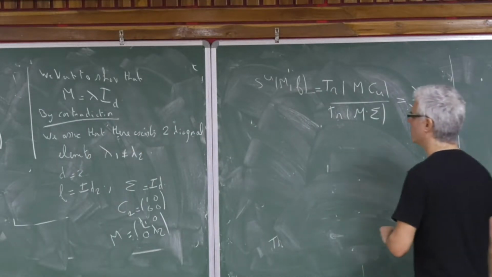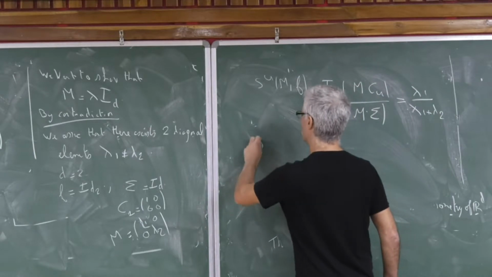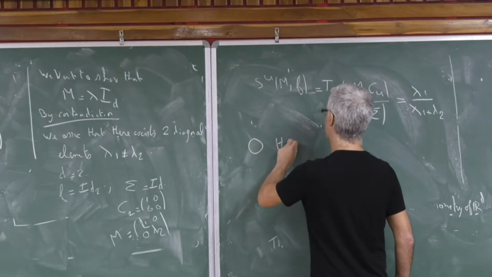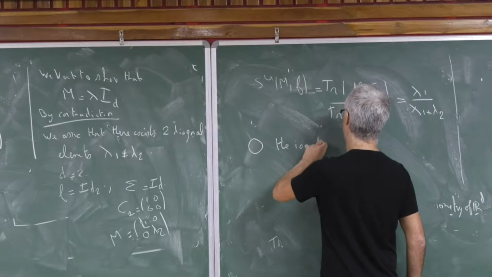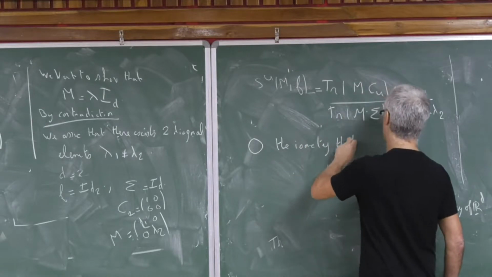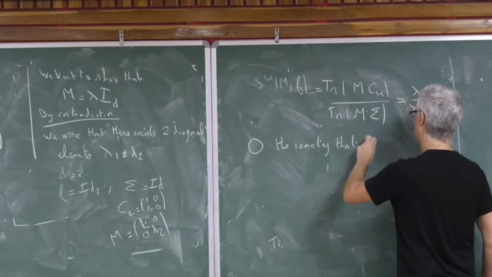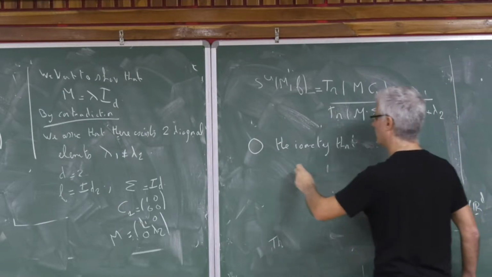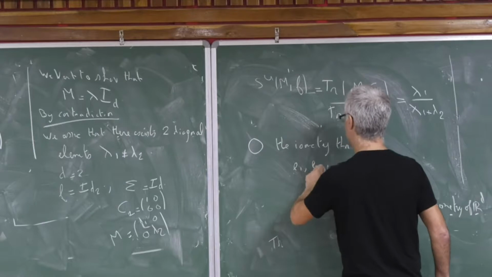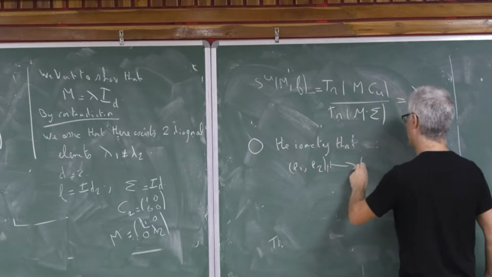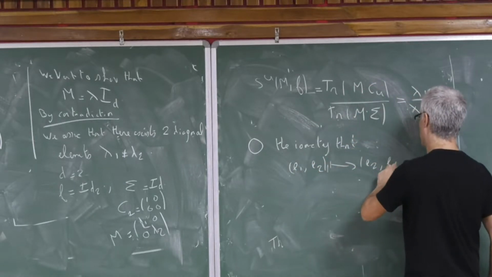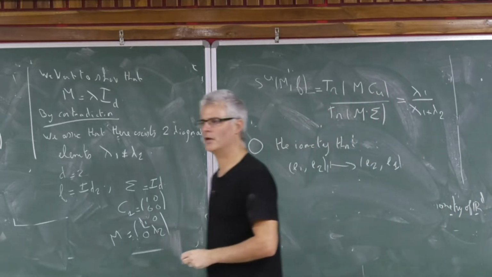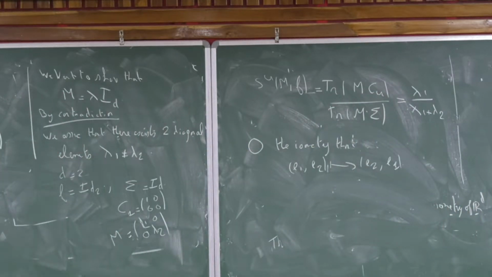But now if I take the isometry that sends x3 to E1, E2, where E1, E2 is the canonical basis of R2, so I just take the isometry that is just swapping the two vectors.